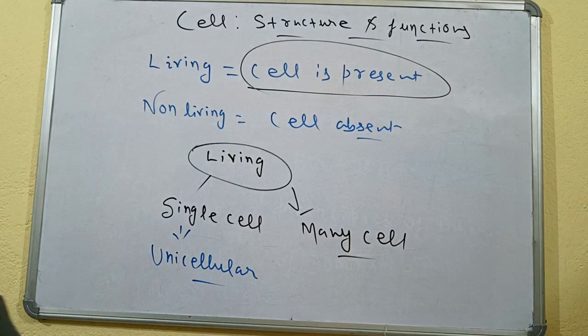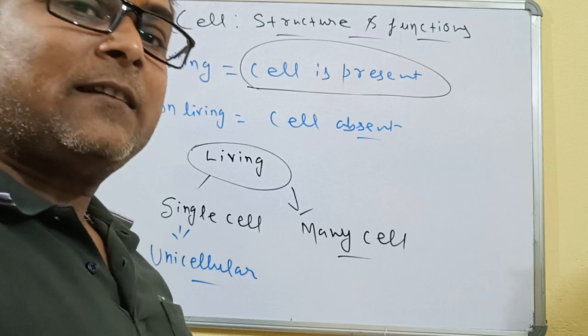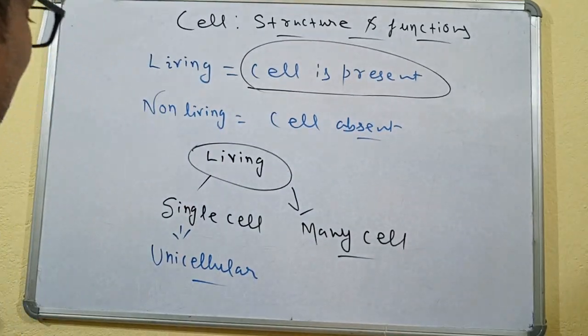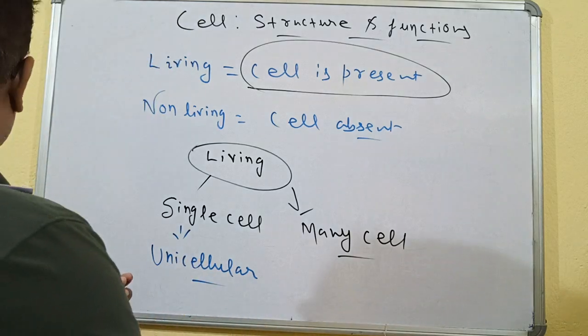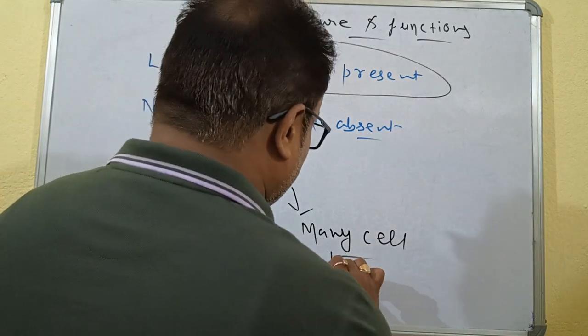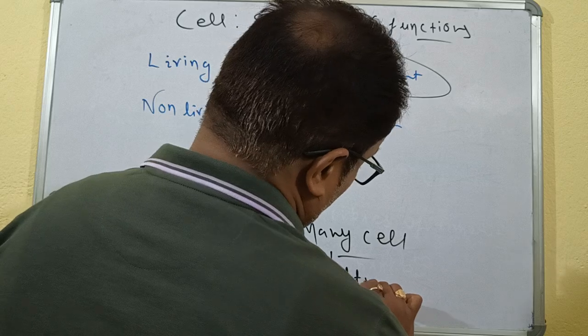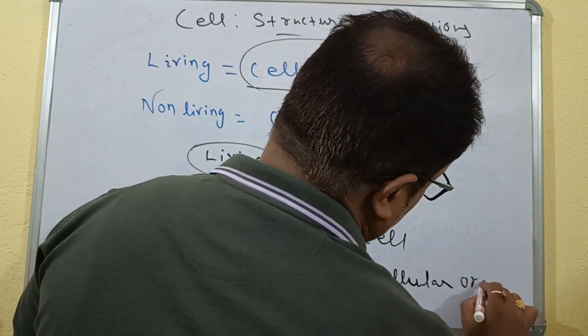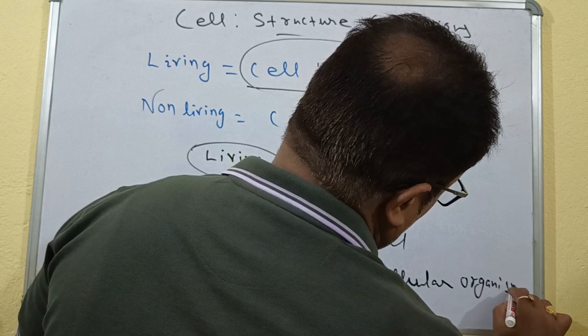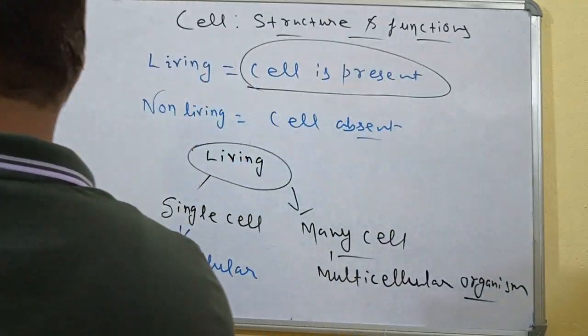Those living organisms which have a single cell are unicellular. And those organisms which have many cells, you can say that is a multicellular organism.